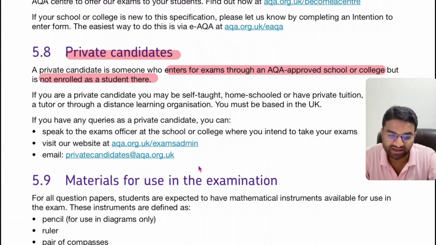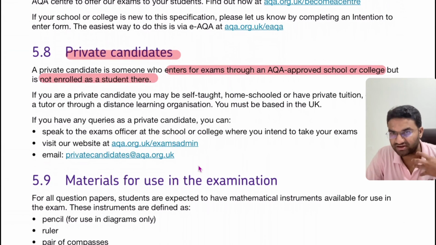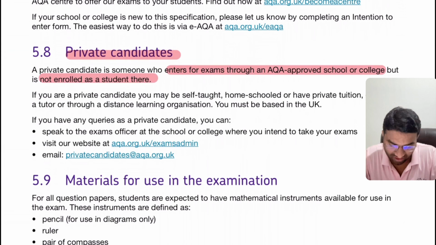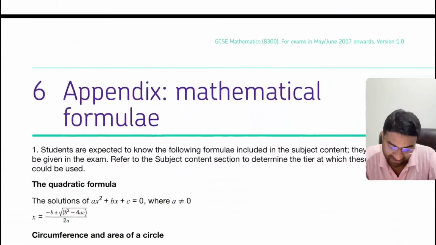Private candidates take classes or tuitions like ours and just sit the exam externally, which doesn't affect anything. A private candidate may be self-taught, homeschooled, or have private tuition, either with a tutor or through a distance learning organization, based in the UK.